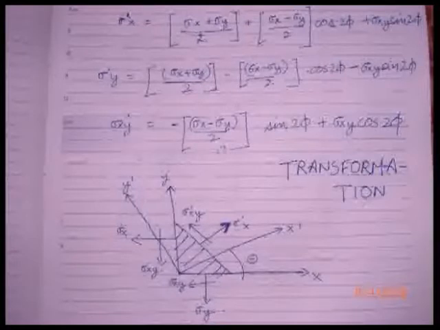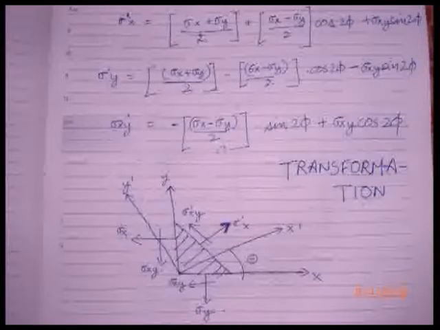And then we can again set up the new sigma xx, sigma xy and so on, and then we can resolve the initial stresses into the new direction, and consequently solve.